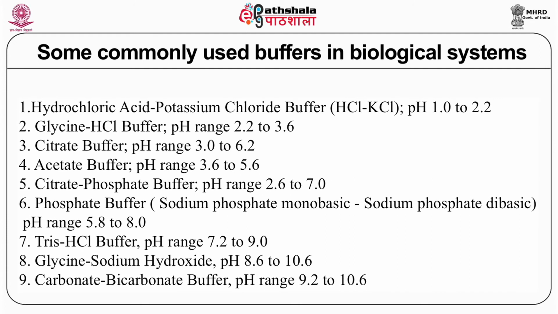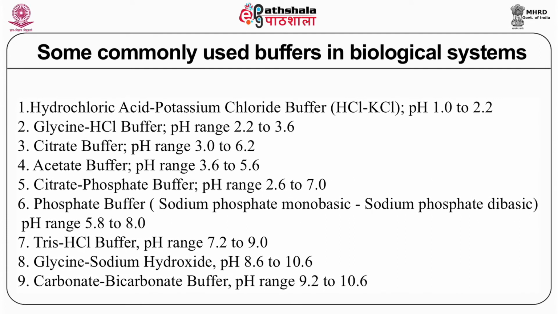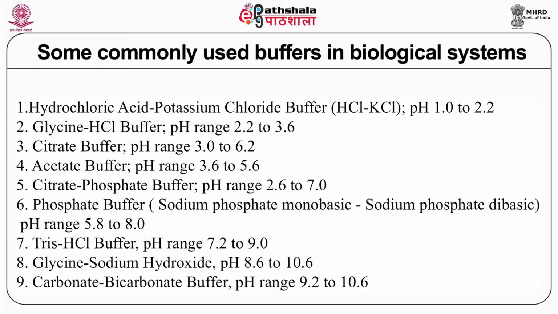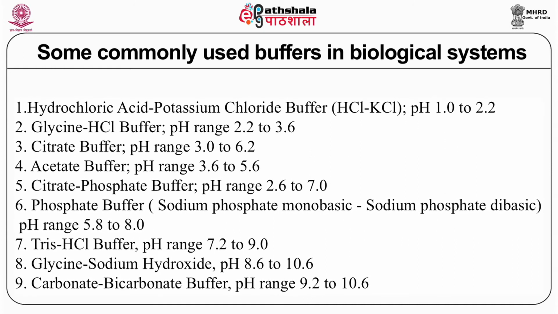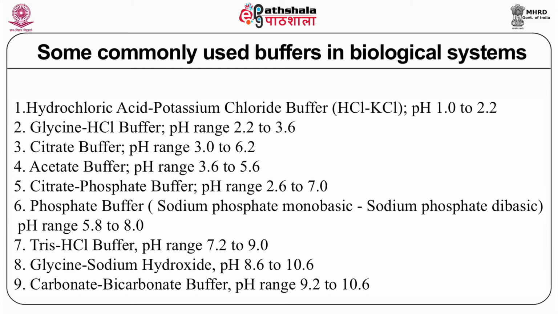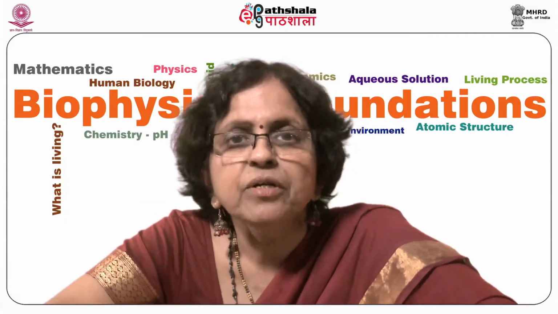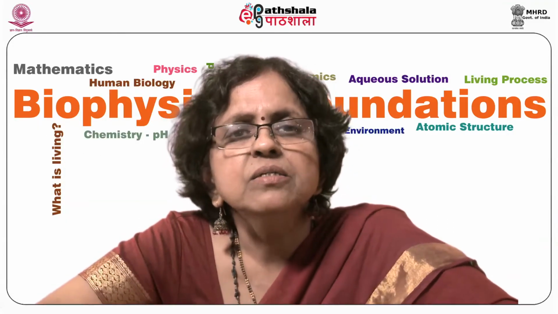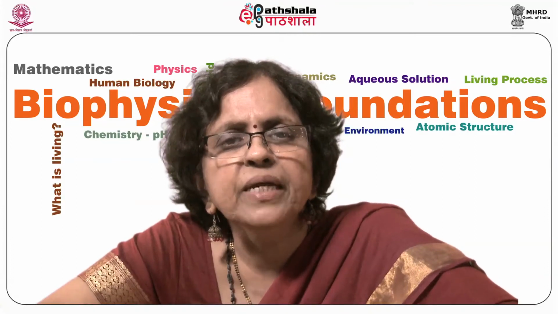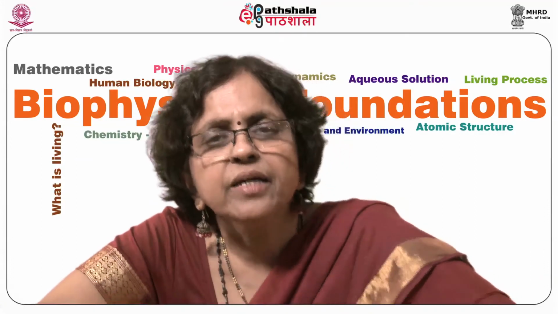So these are the commonly used buffers, and the reason they are chosen is because of their buffer capacity and the range in which the buffer works. After knowing the pH, there are terms you need to know, like the pK and so on. pK is the ionization constant.